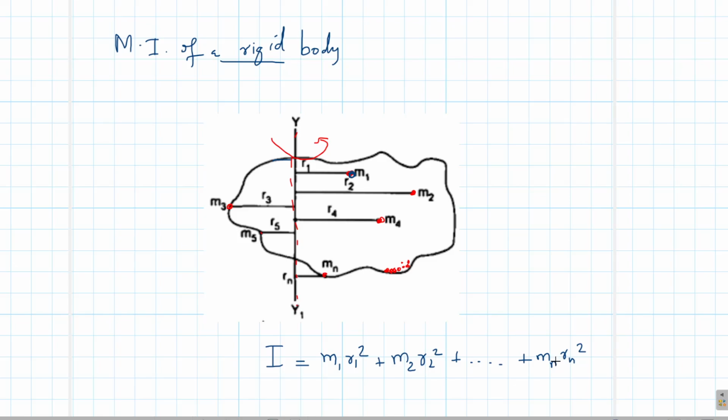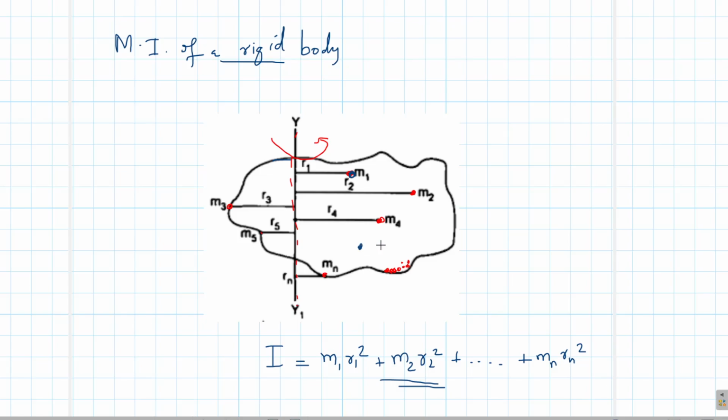So it is the sum of the moment of inertia due to each individual particle of masses m1, m2, etc. All the particles that make up this rigid body have to be considered when you take the sum. So I can write simply moment of inertia I is equal to summation m_i r_i square, summation over i, where i corresponds to the individual particle inside the system.